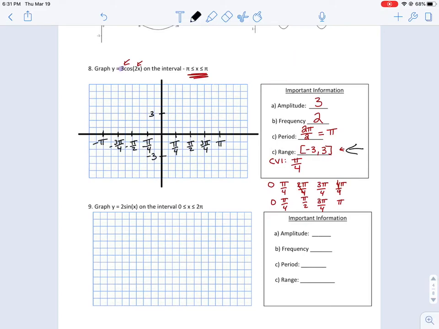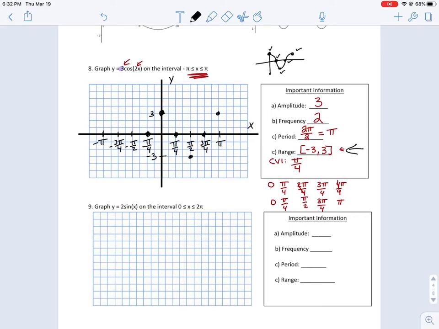Next, what I'd like you to do is create a quick little sketch. This is cosine. You need to know that cosine starts at its maximum and then comes back around. That's what our one cycle looks like. So I'm going to start on my y-axis at its maximum. At every critical value, put another point, following maximum, midline, minimum, midline, maximum.